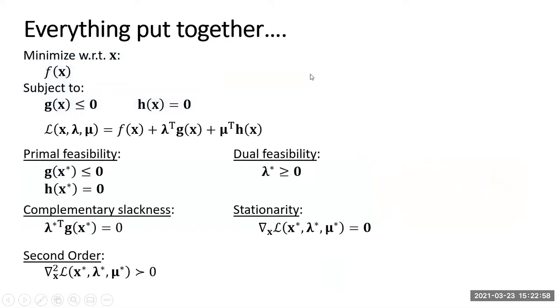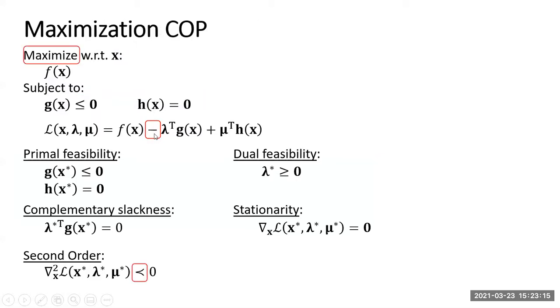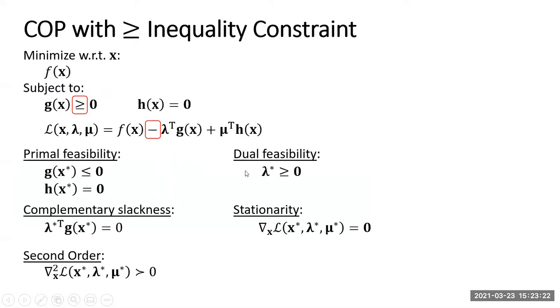Now, what if we have this situation, g of x greater than or equal to 0? Then we can either put a negative sign here in the Lagrangian, or the other alternative is to make the dual feasibility lambda star less than or equal to 0.